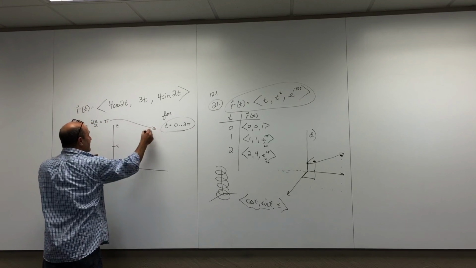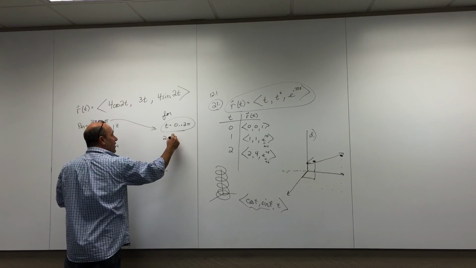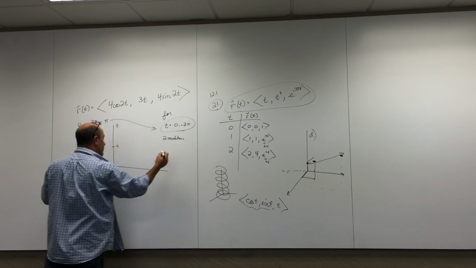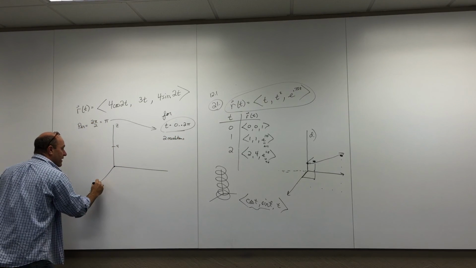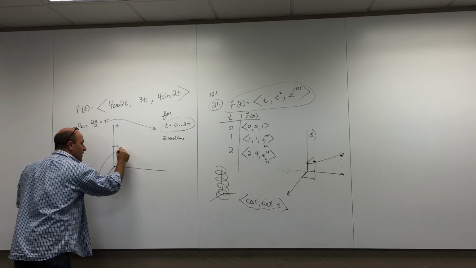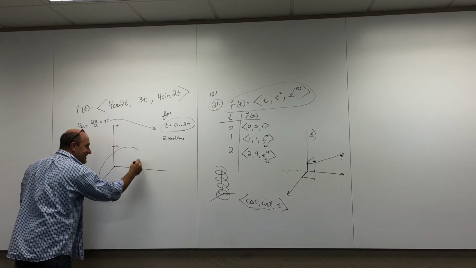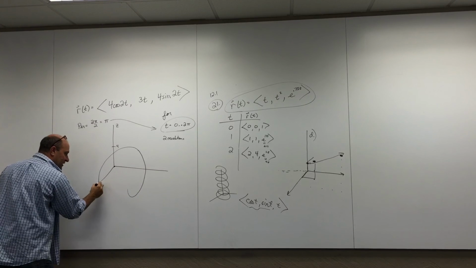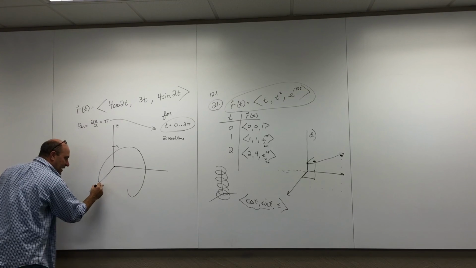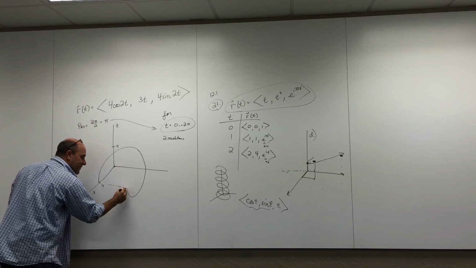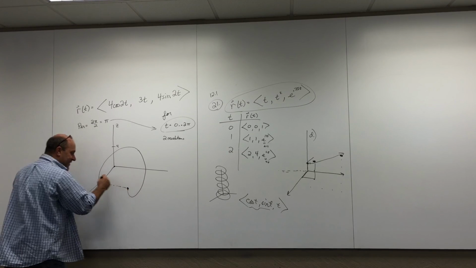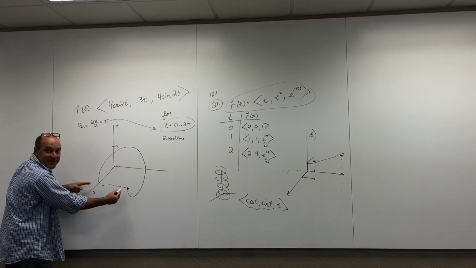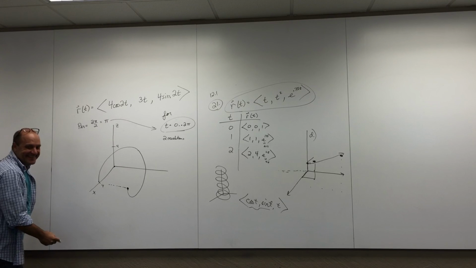Let me try to draw 2 revolutions of this thing. Okay, I think it's going to go this way. It goes around behind the y-axis and then comes out, and I'm trying to hit this parallel spot right here. Here it is, completing 1 revolution. It's tricky drawing.